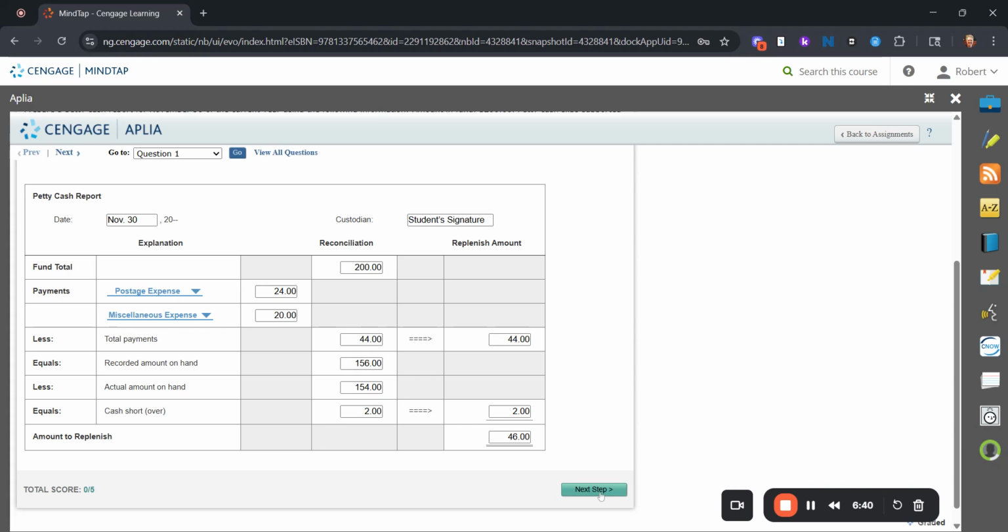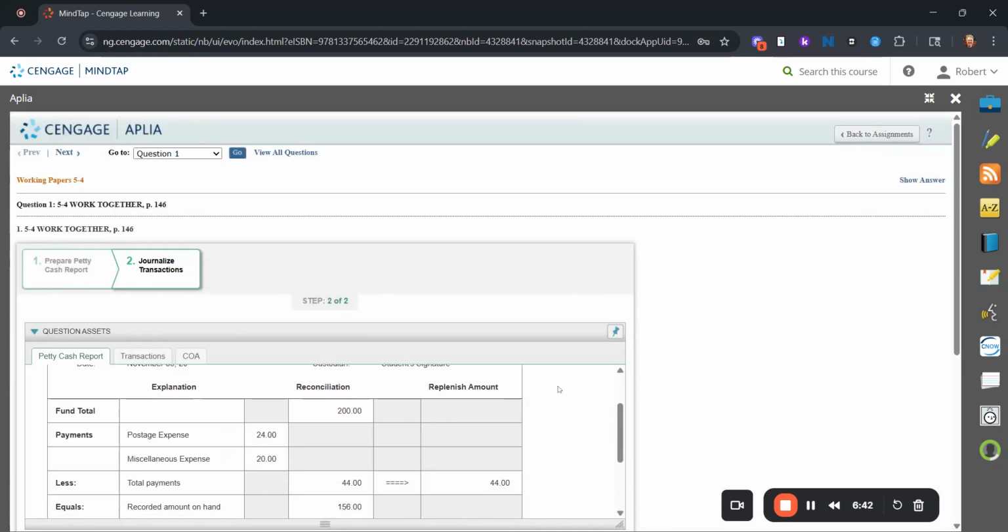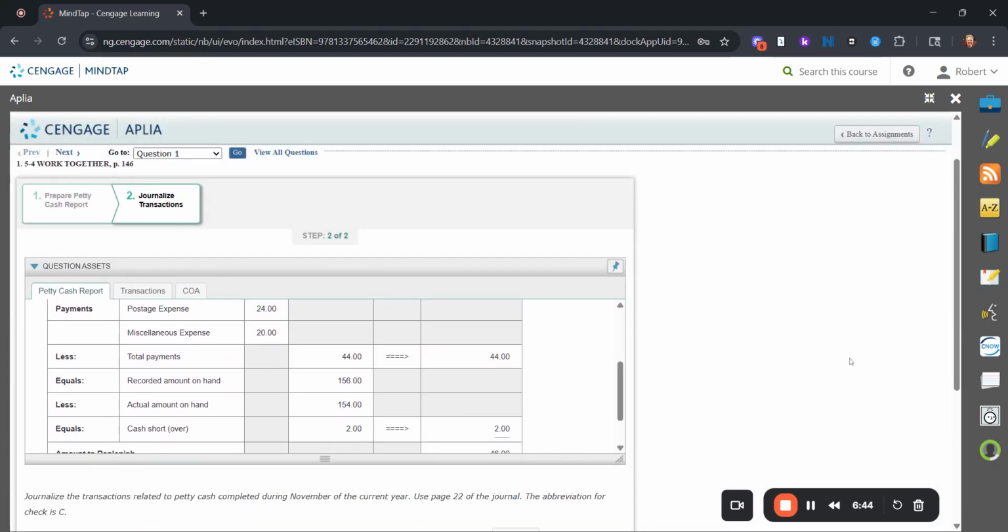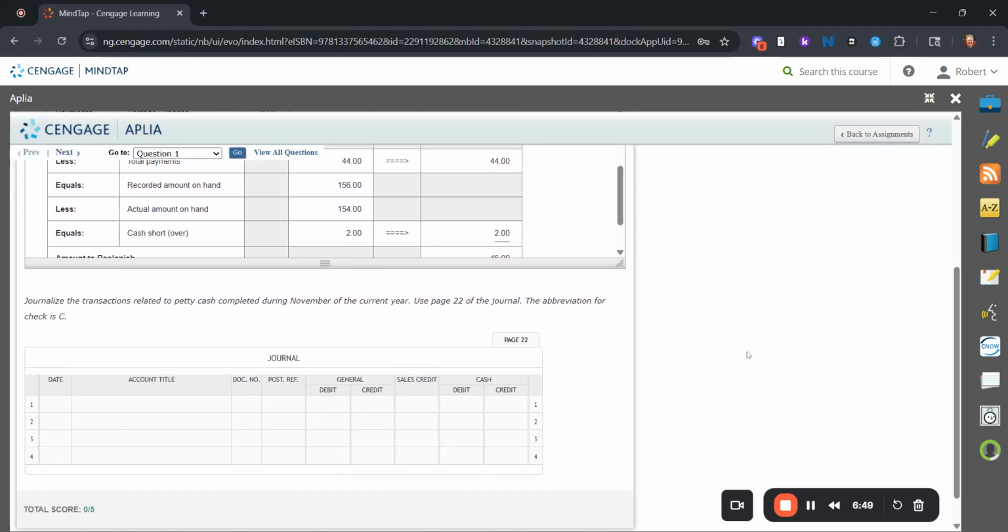So let's get to the next step. And now we're going to journalize the petty cash and the expenses. So journalize the transactions related to petty cash completed during November of the current year. Use page 22 of the journal. The abbreviation for check is C, check.